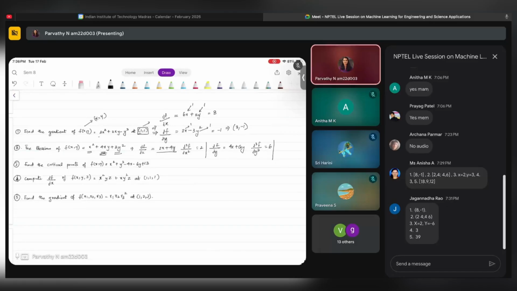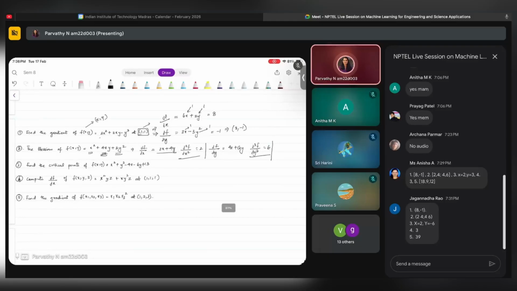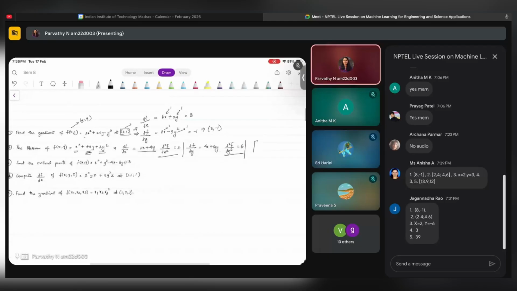Now, this ∂²f/∂x² and ∂²f/∂y² form the diagonal elements of the Hessian matrix. That is 2 and 6. Now we need to find the off-diagonal ones.